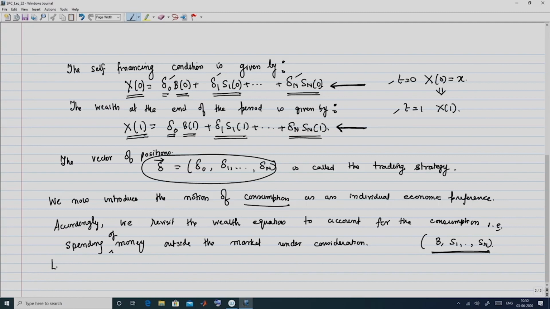So, here this basically means that the amount that is consumed is no longer in circulation in the market under consideration. Alright, so then we introduce a notation.